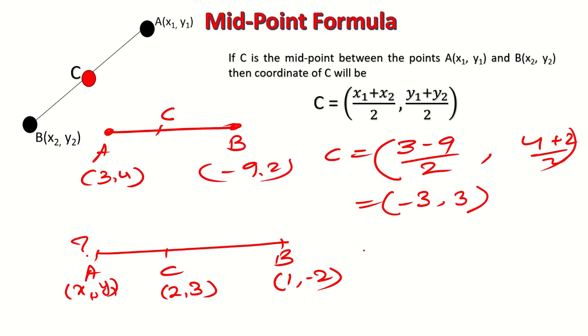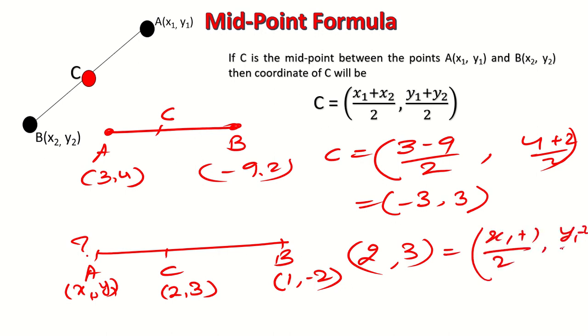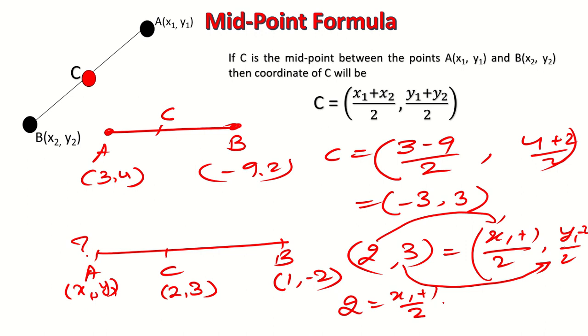So just put it like this: (2, 3) is equal to ((x1 plus 1) over 2, (y1 minus 2) over 2). You know that two ordered pairs will be equal when the value of x is equal to the value of x and the value of y is equal to the value of y. So 2 is equal to (x1 plus 1) over 2, which means x1 is equal to 2 twos are 4 minus 1, 3. Same for y, you will get the value. Okay, so these are some simple uses of the midpoint formula.